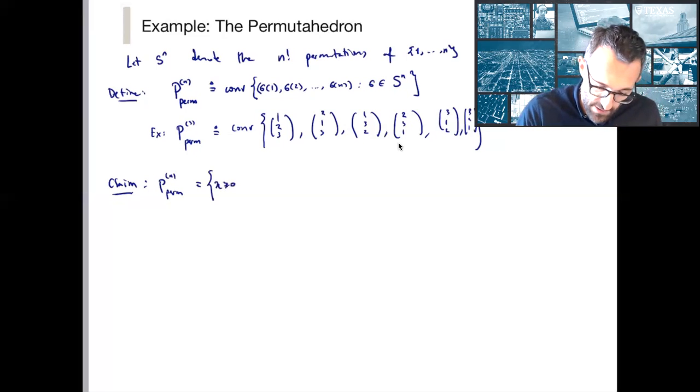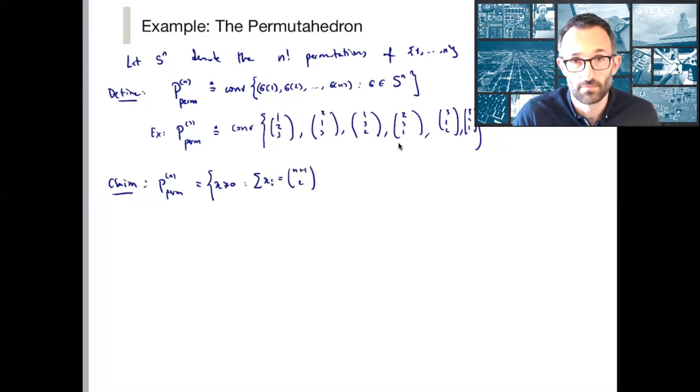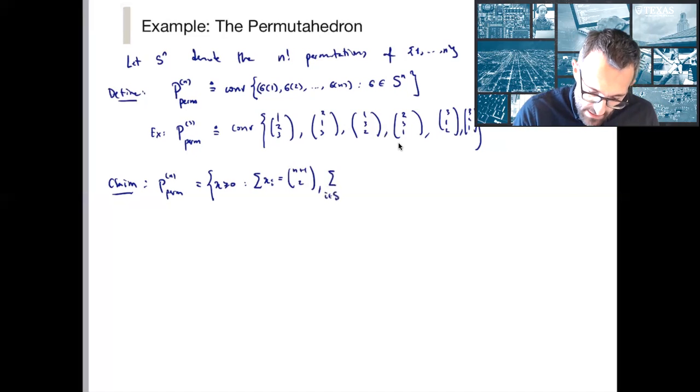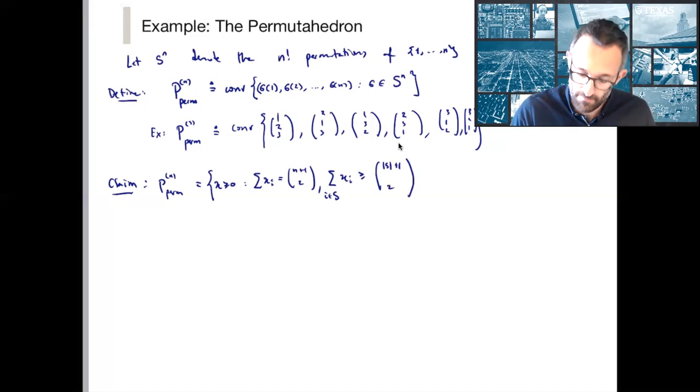x non-negative such that the sum of xi is equal to (n+1 choose 2), and the sum over any subset S of xi is at least (cardinality of S + 1 choose 2).